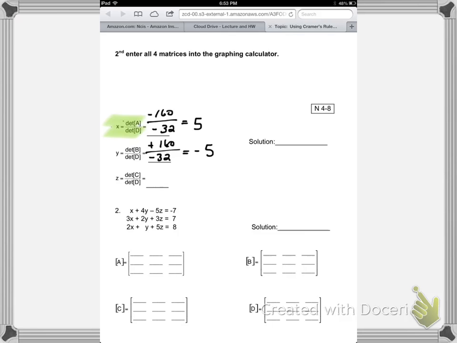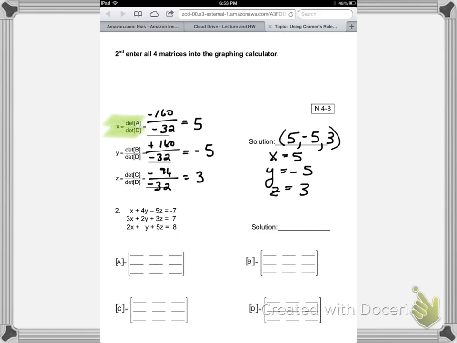And Z, variable Z, would be the determinant of C, which is -96 over -32, which is +3. So the solution, if you write it as a point, is 5, -5, 3, or x equals 5, y equals negative 5, z equals 3. And it doesn't matter to me whether you write it as a point or just x equals, y equals, z equals.